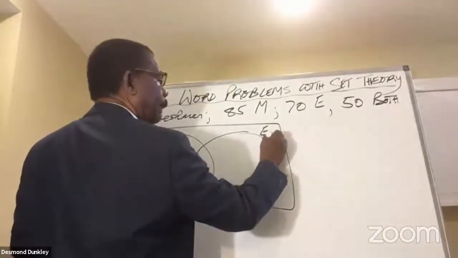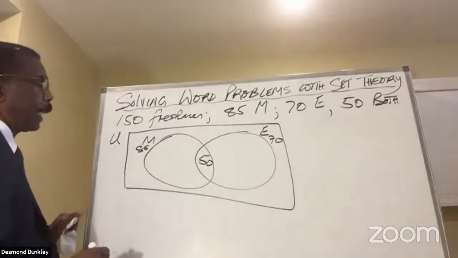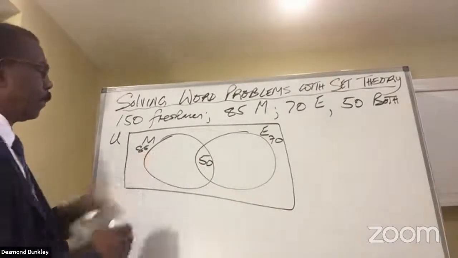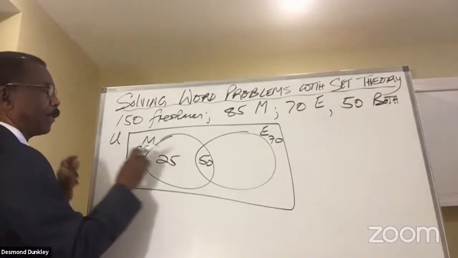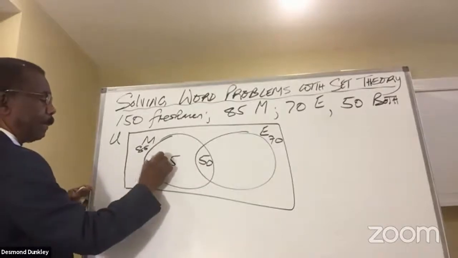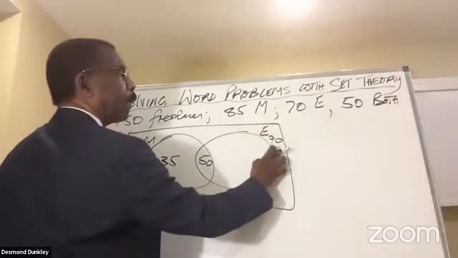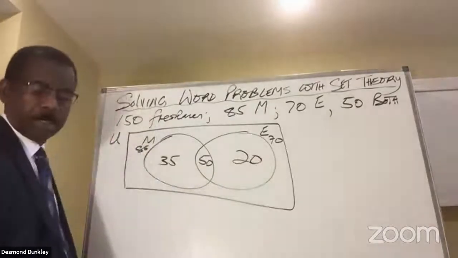English has a total of 70. And there are 50 here. So we know that for math only, we would have 25. No, not 25, it's actually 35. Now that I can see it, 50 from 85 is 35. And then for English only, 50 from 70 leaves 20.